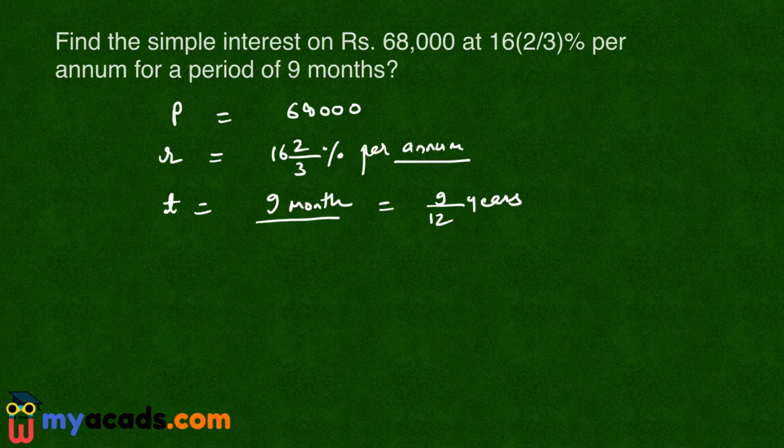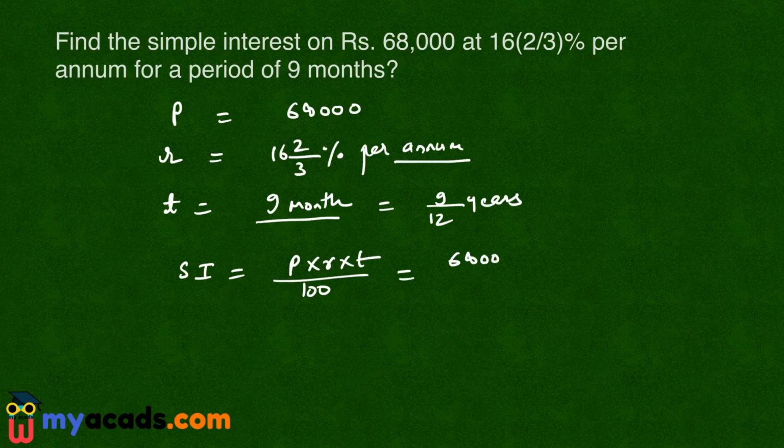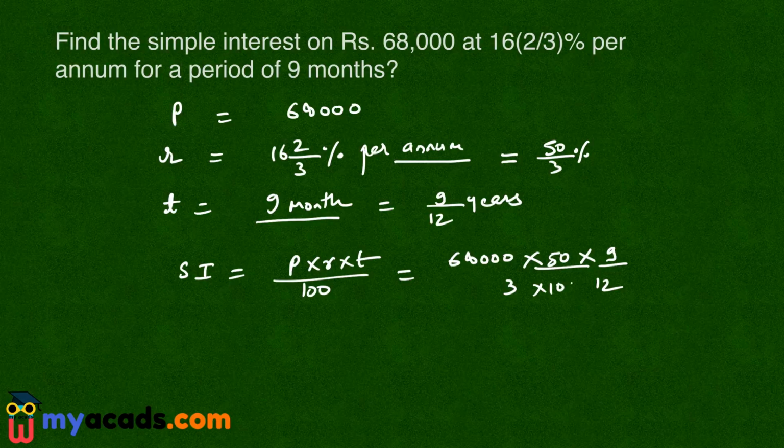So the formula of simple interest is equal to principal into rate into time upon 100. My principal is 68,000. My rate, I can write this as 16 2 by 3, that is 48 plus 2, 50 by 3%, into T which is 9 by 12, divided by 100.